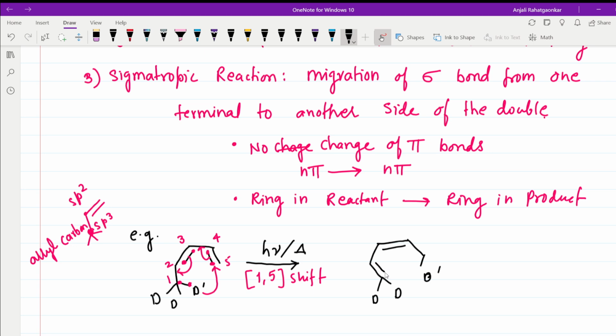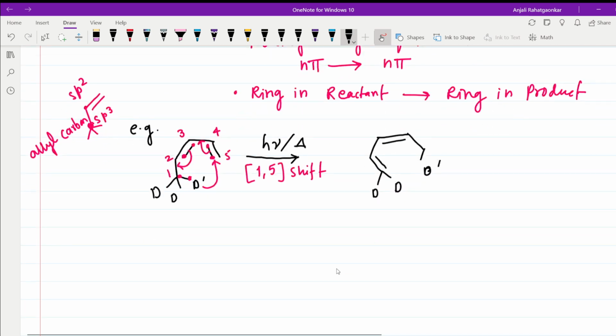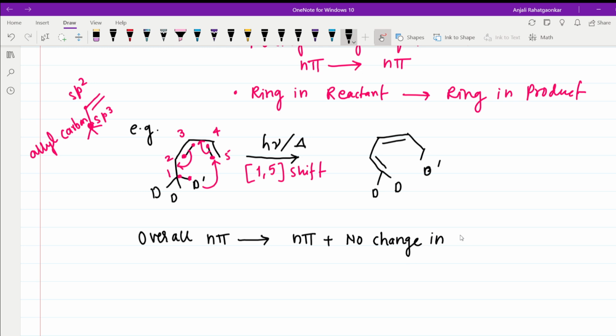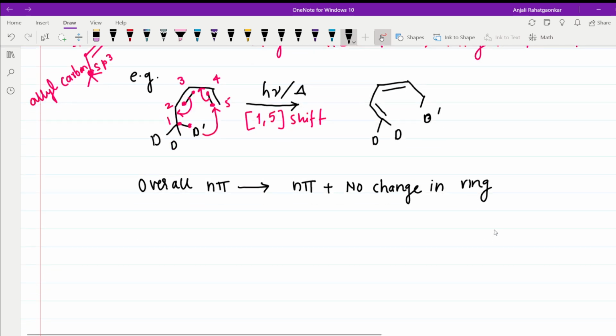So this will be the structure of the molecule. Alright. So overall, N pi in the reactant, and in the products there will be N pi. There will be no change in the ring. Of course in this case I have not shown any ring, but this is the overall output of the reaction.